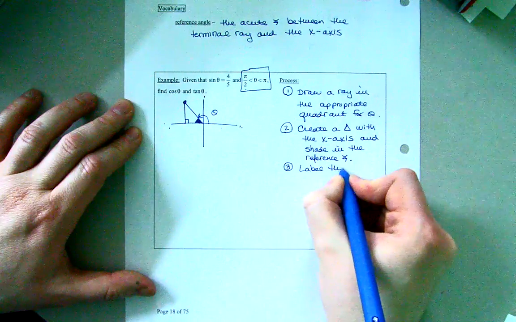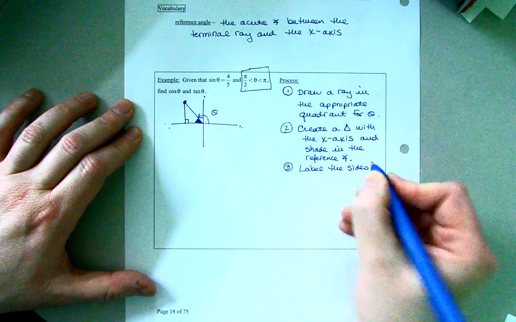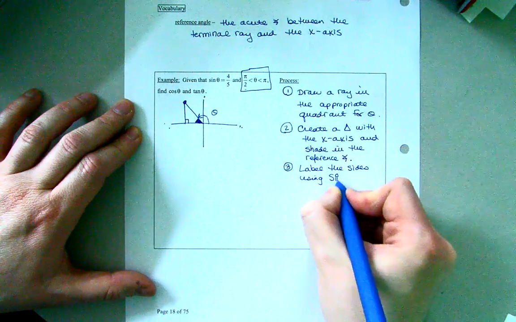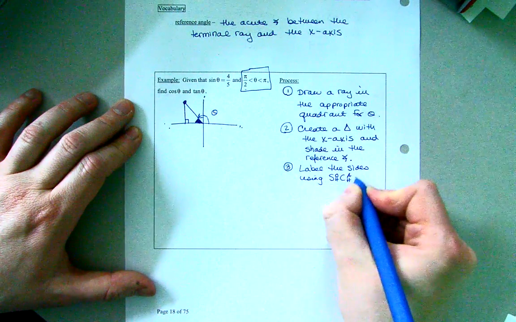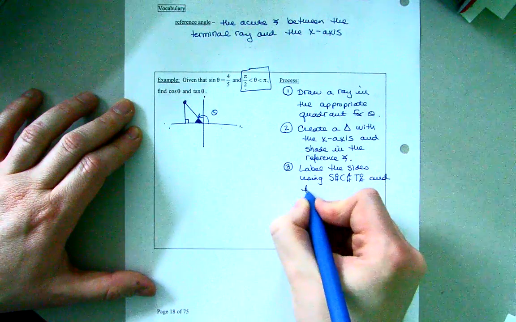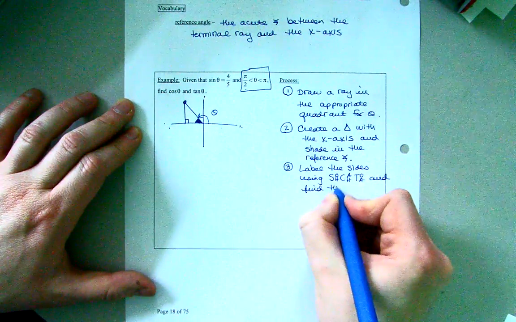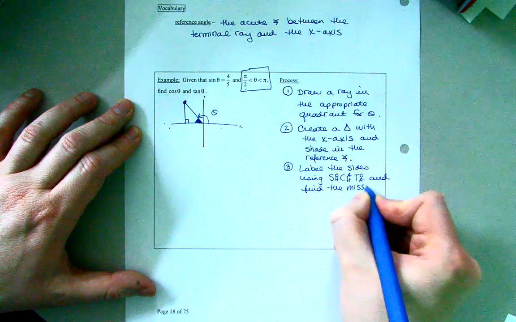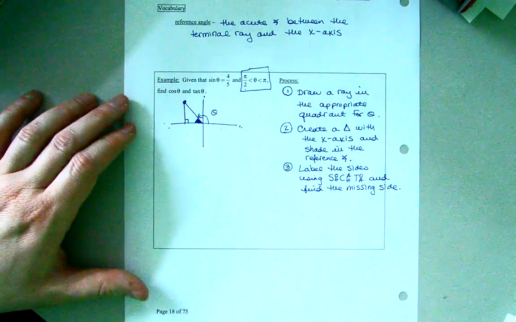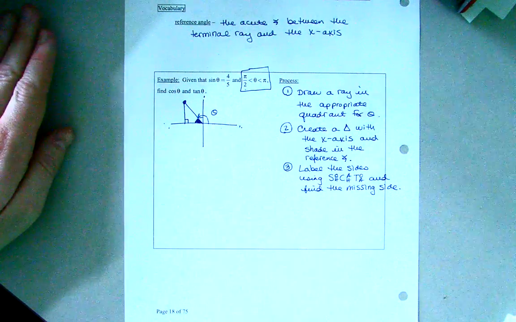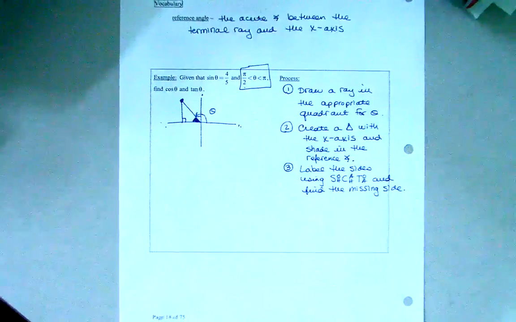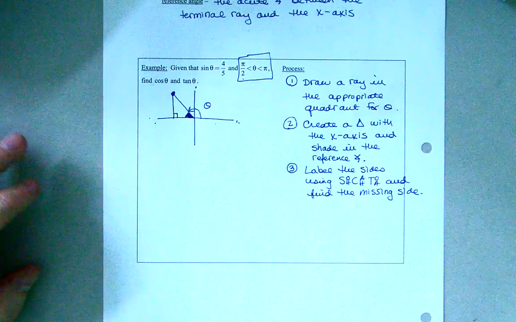Label the sides using SOHCAHTOA and find the missing side. Telling you that the sine is 4/5, I'm going to label my sides based on the reference angle, and then I'll just find the missing side.